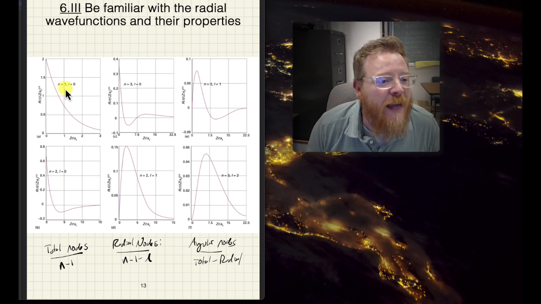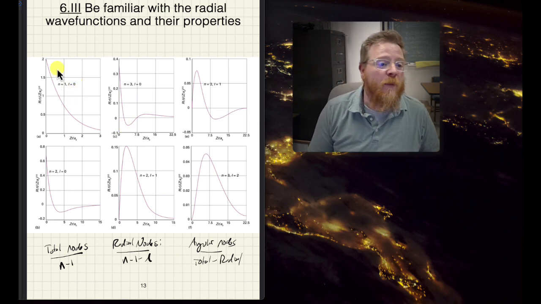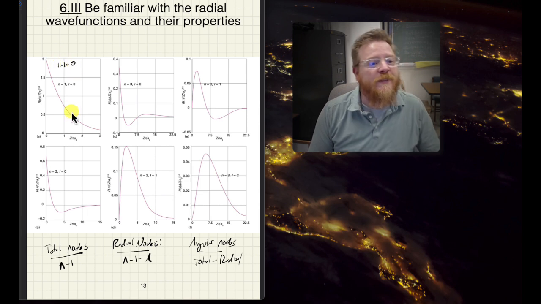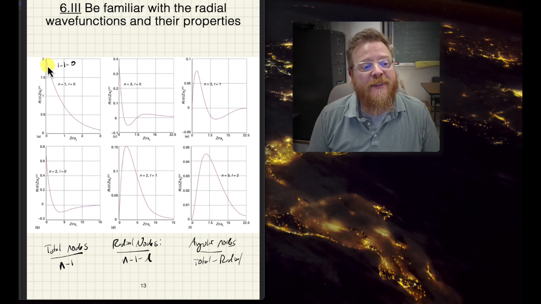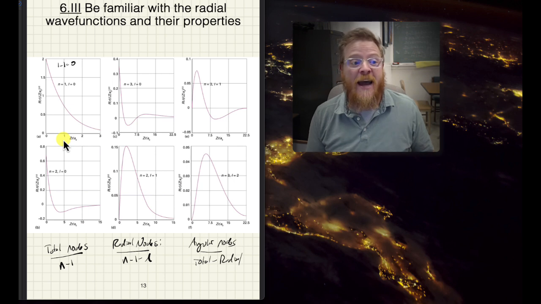So looking at n equals 1 and l equals 0, we should gather there that that's 1 minus 1 equals 0 nodes. And we can see just that it is like a decaying exponential and does not cross the x-axis. So there's no place here where psi equals 0.